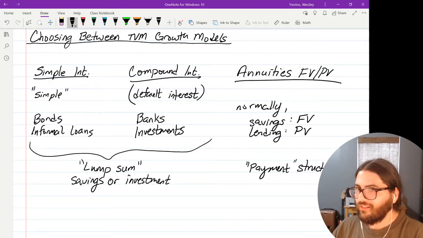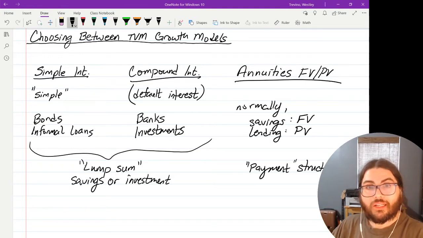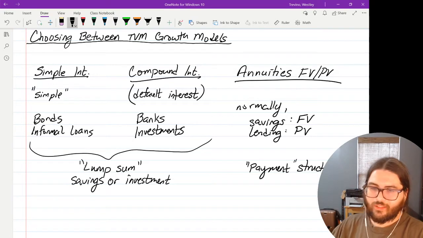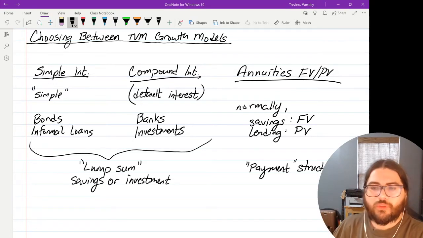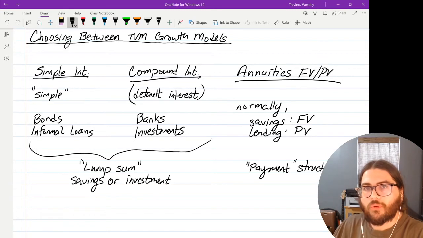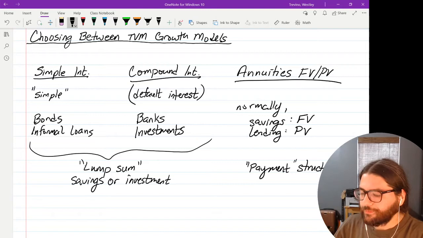You could think of that as a loan to yourself. I'm loaning future professor money, and that current professor is putting into the bank now. I'm saving up for it by not spending all the dollars that I receive in my paycheck. That is a savings and lending scenario.